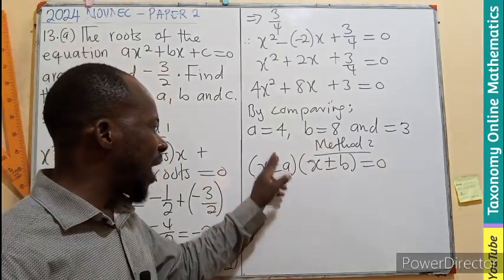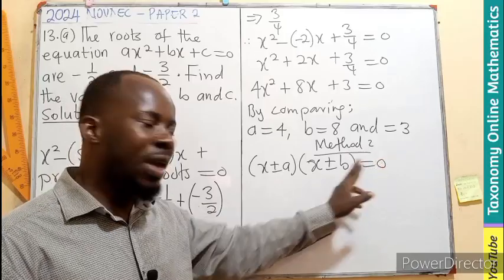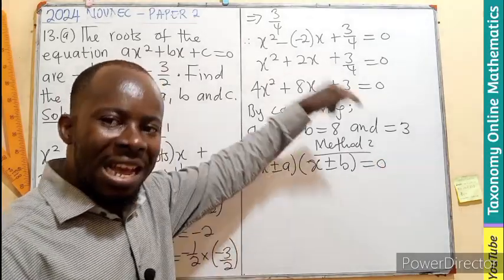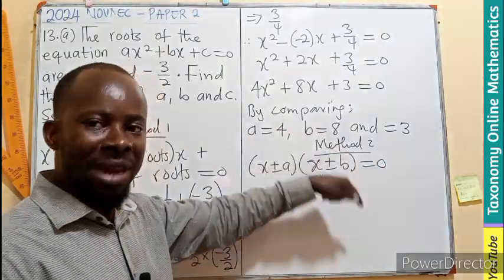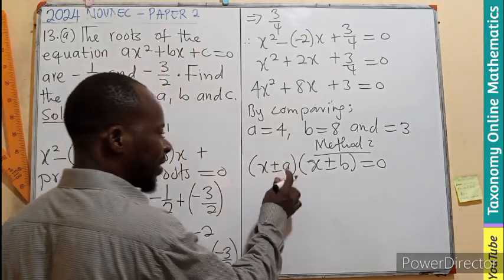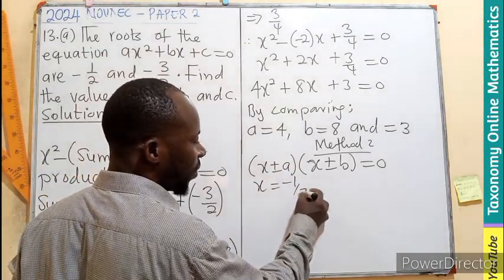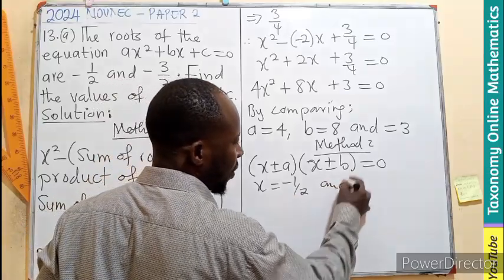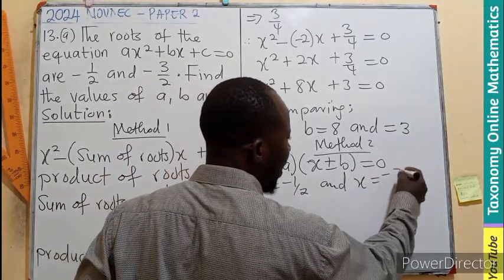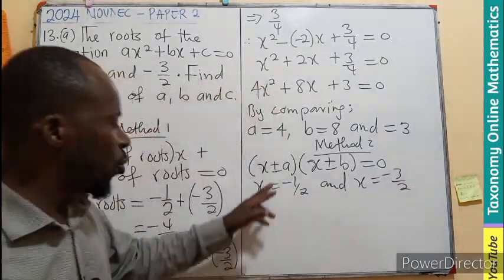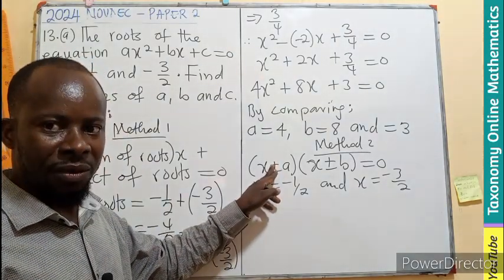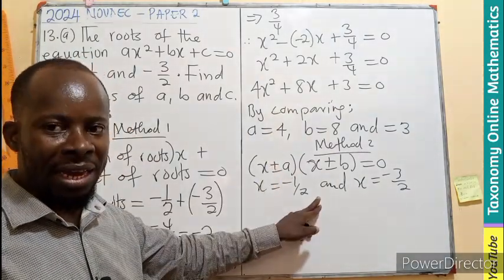So if I have x plus a equals 0, it becomes x equals negative a. Positive a becomes negative. So in this case, I am having x here equal to negative half, and x here equal to negative 3 on 2. Simply put, it was positive before bringing it out to become negative.